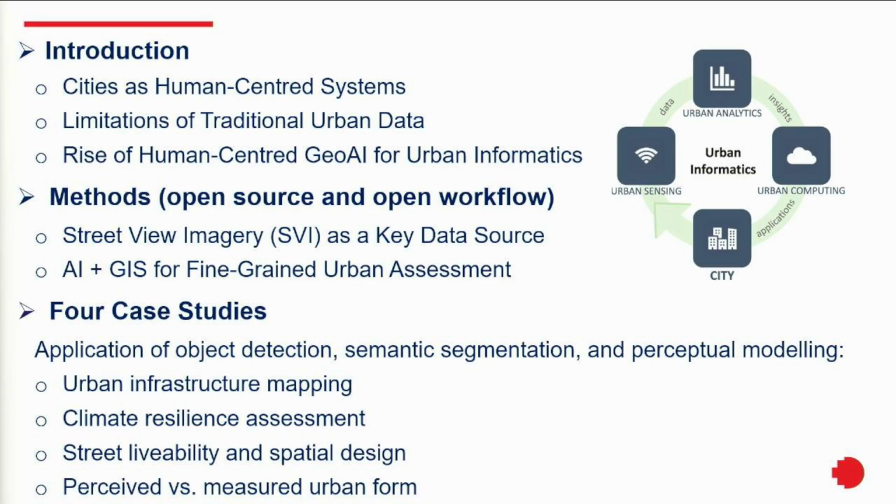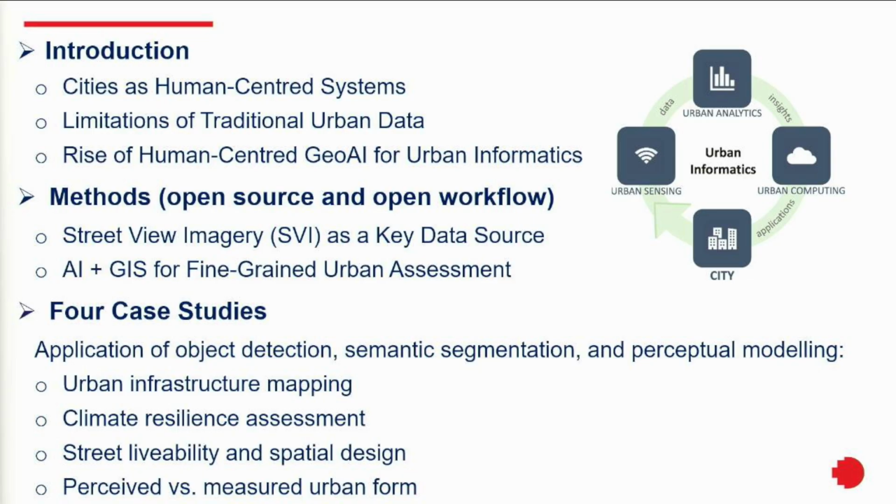including how we can extract infrastructure assets using street level imagery with AI, and how we can take advantage of street view imagery to help assess thermal comfort in response to climate change adaptation.